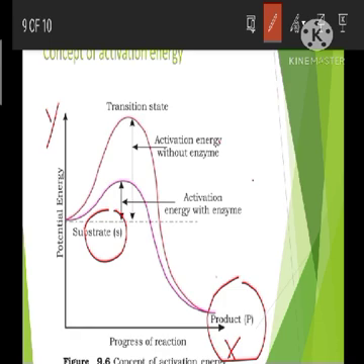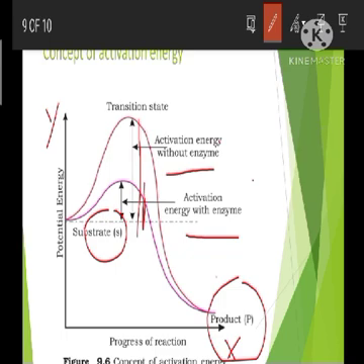So here in this graph, you can see this is the activation energy with the enzyme. So very little amount of energy is required. But here it is activation energy without enzyme. So the amount of activation energy required for converting substrate S to its transition state is more. So the activation energy amount can be brought down when enzymes are added to the reaction.